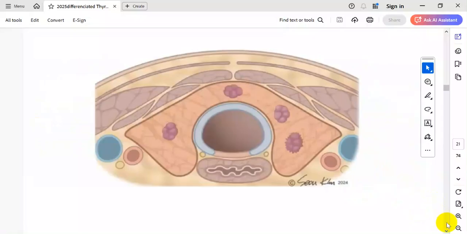In some cases we have a tumor that does not affect the capsule and is less than 1 centimeter, so it can be observed, because it is far away from the capsule, the nerve, or other important structures.